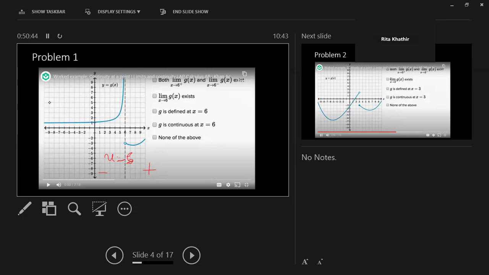Remember again. If the limit exists, that means continuous. If the limit does not exist, that means discontinuous. So what is your opinion? Do both limits exist or not exist?